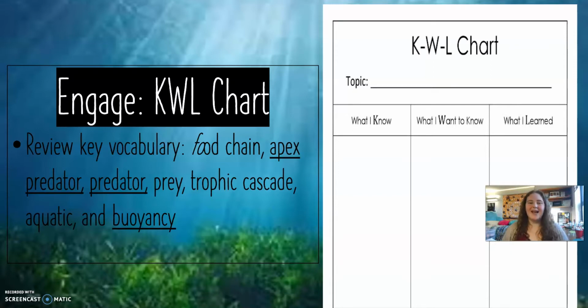Okay, so now that everyone has a KWL chart in their possession, I'd like to review the key vocabulary from yesterday. The words that we learned were food chain, apex predator, predator, prey, trophic cascade, aquatic, and buoyancy. I'd like you to fill out the what I know column, which is the left-hand column, and the middle column, what I want to know.